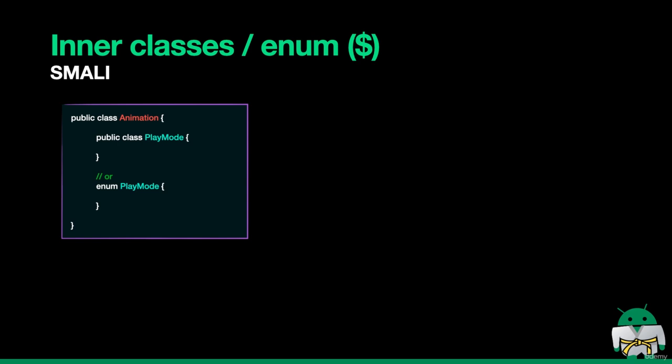So let's split this up over here. We've got our main class, the animation. Then we've got a subclass, or for example an enum type, which is play mode. Now, if we want to address this play mode, we have to address the main class, which is animation, followed by a $ sign, and then we go into play mode. So then we can address the play mode class or the play mode enum type.